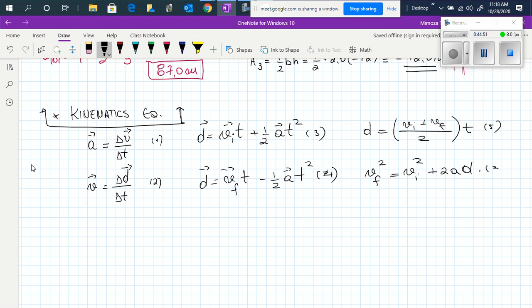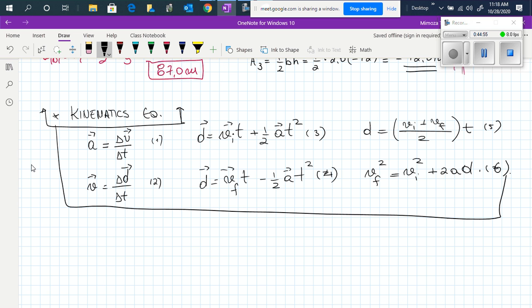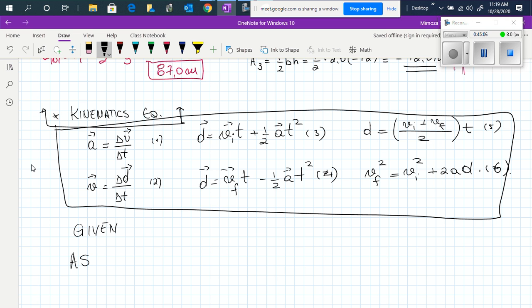Now, the way that we approach those equations is that we sort what is given, see what they are asking. So given, asking, and then we see what is the formula that relates all of them. Keep in mind that acceleration can be positive and negative.